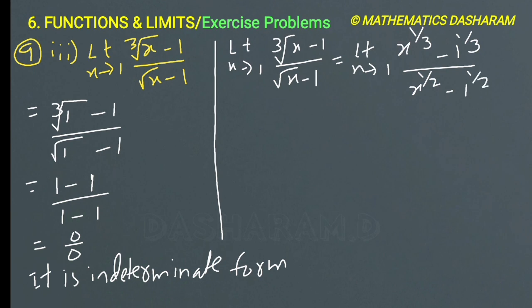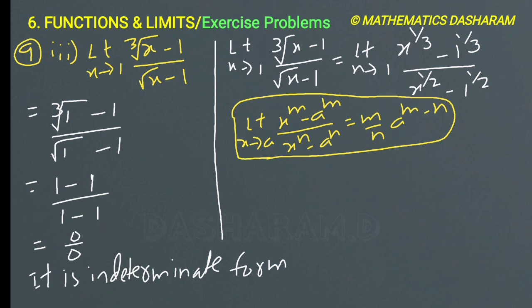So now use the formula, that is limit x tends to a. So this formula we can apply. So m value, what is m value? 1 by 3 is m value. So 1 by 3 divided by n value, 1 by 2 is n value, into a value, what is a value? 1, to the power of m minus n, 1 by 3 minus 1 by 2.